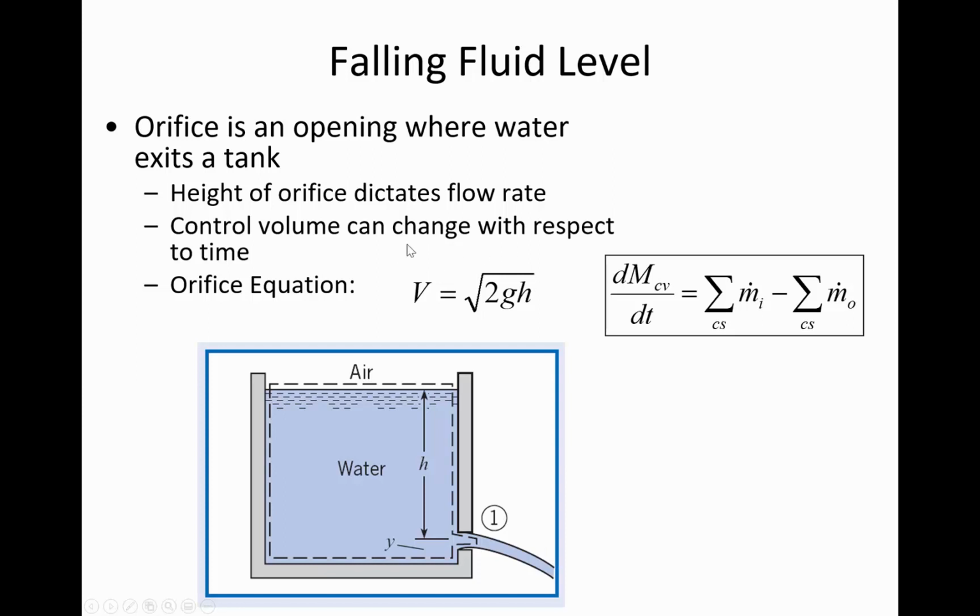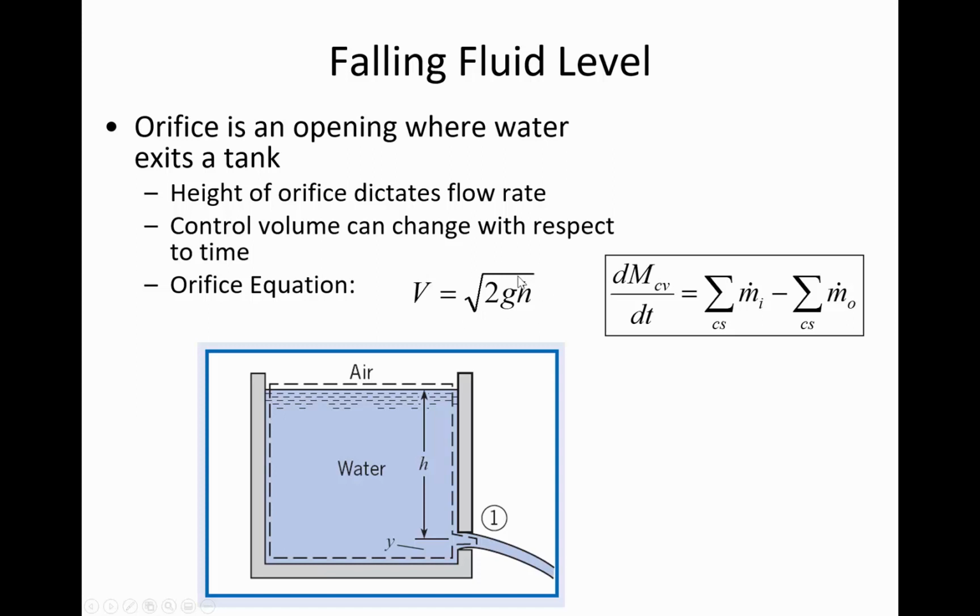This is just rearranging Bernoulli's equation between the top of the water surface, where there's no pressure head, where there's no velocity head, and the outside jet, where it's also no pressure and equal to our elevation datum. If we rearrange that, we can find that the velocity of this outflow jet is equal to the square root of 2gh. So this just came to us from Bernoulli's equation.